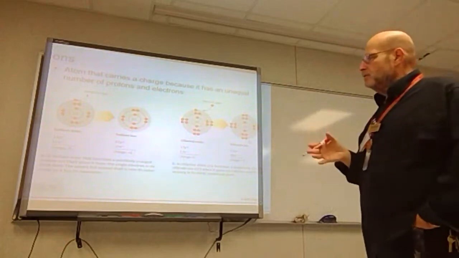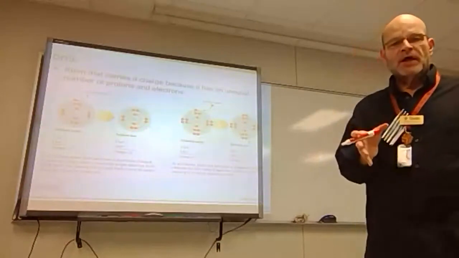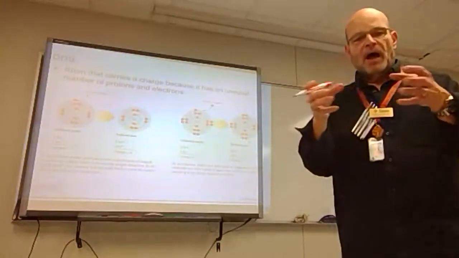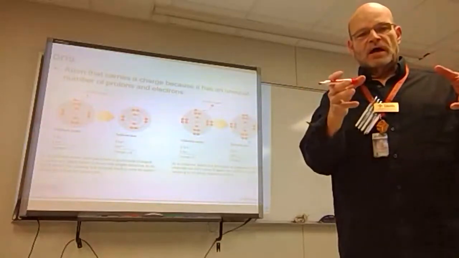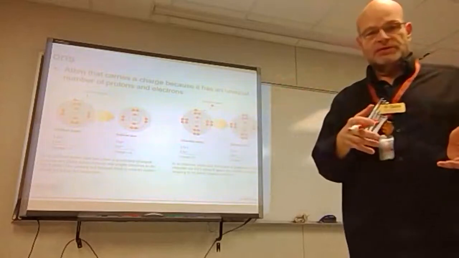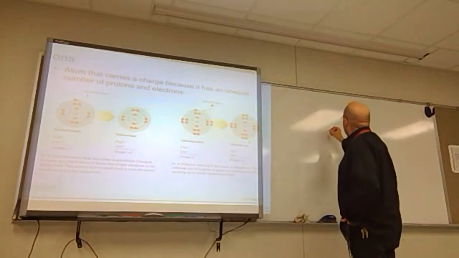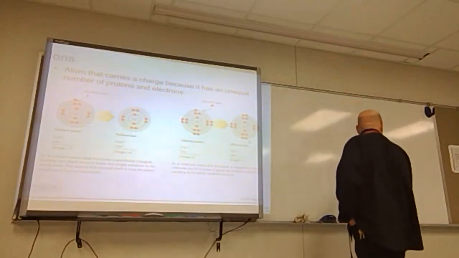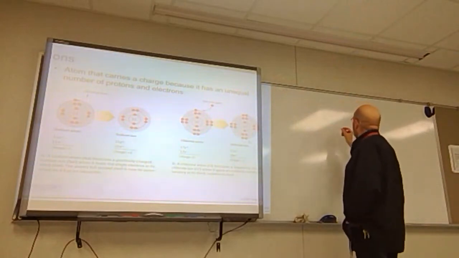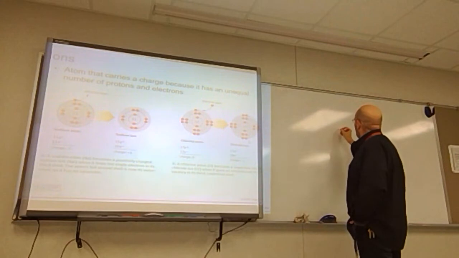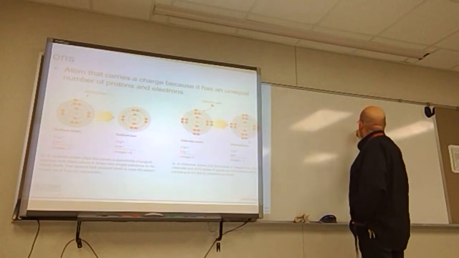And it has an electrical charge because through the action of a bond forming, an electron has either been gained or lost. So an ion is an atom, and again, I apologize, this is the only marker in here and it doesn't write very well. Atom with a charge.